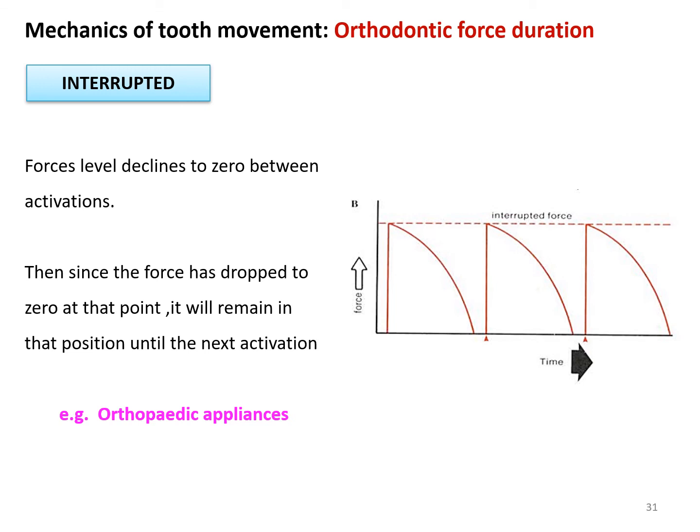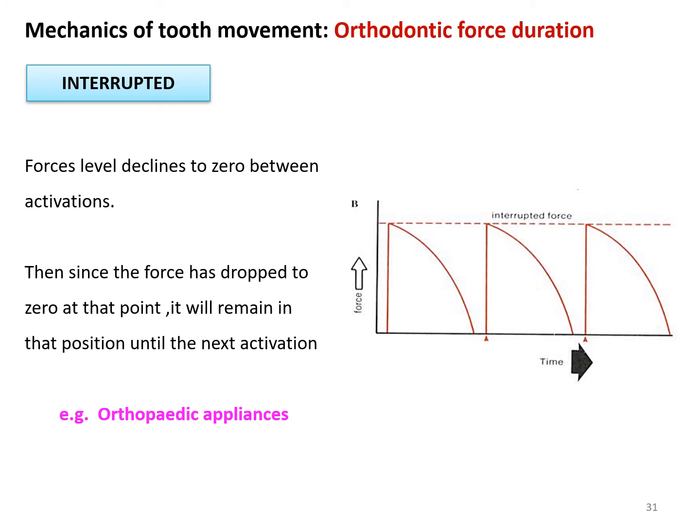What are interrupted forces? So these are forces which will decline to zero between activation. So you can see it on the image. As the decay occurs, it reaches zero, and then again you have to reactivate. Then there is a period of decay followed by a lag period.